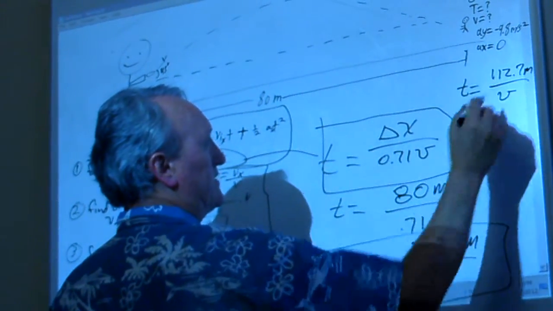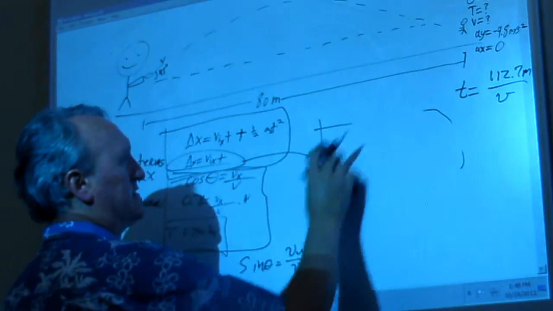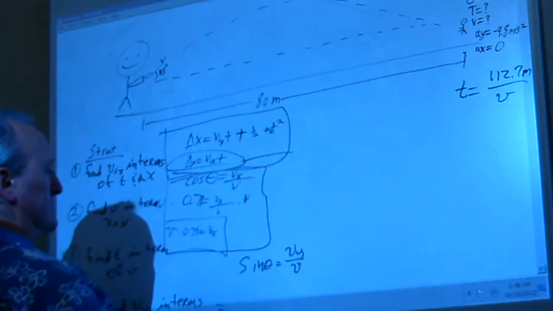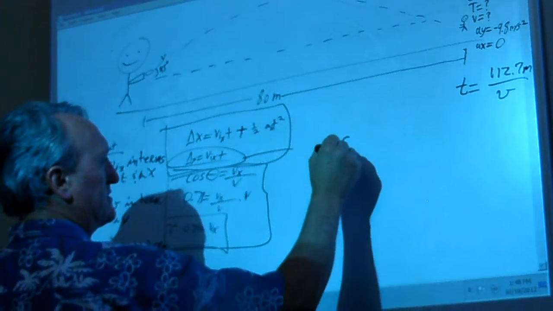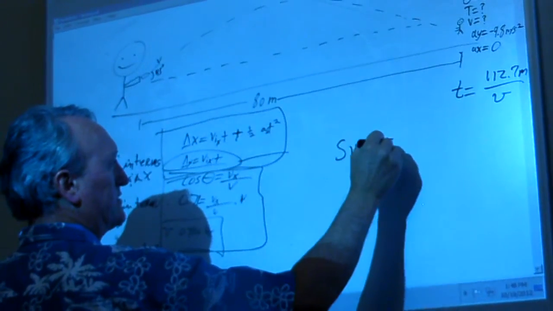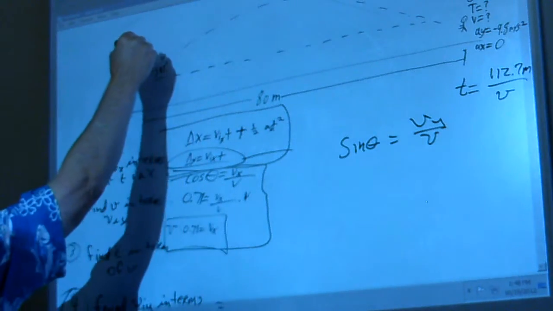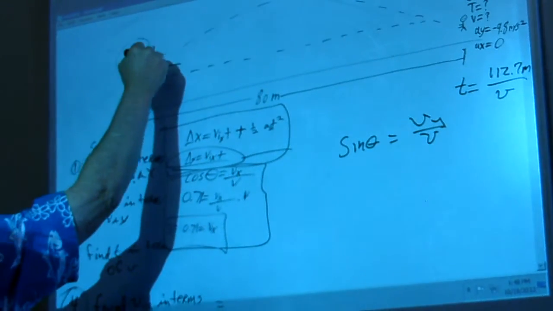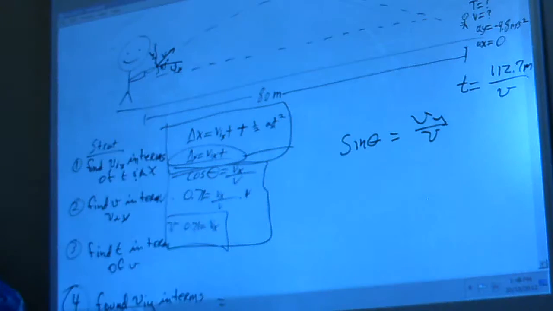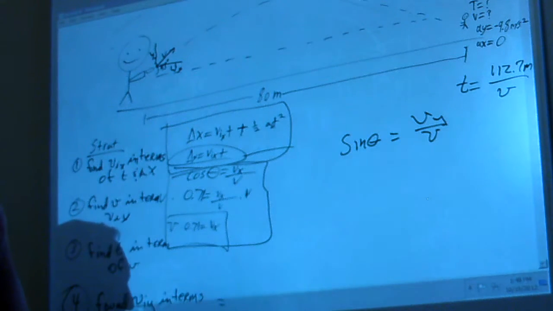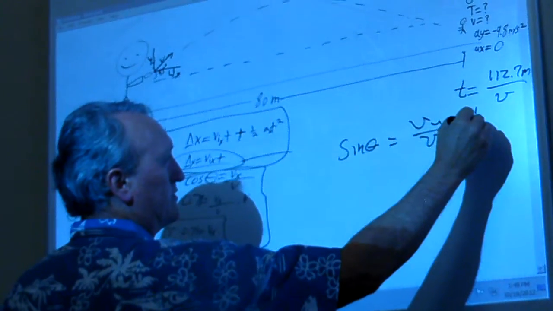I'm just going to save this over here so we don't lose it. Sine theta equals Vy over V, right? Yeah. We made our little triangle with V, dx, dy. So you're saying to multiply both sides of this by 1 over Vy?